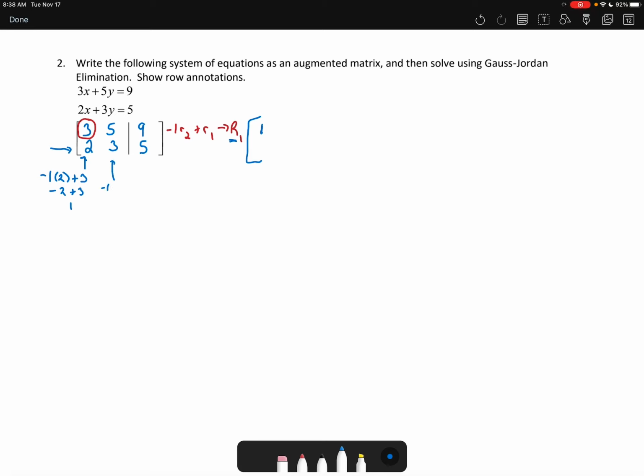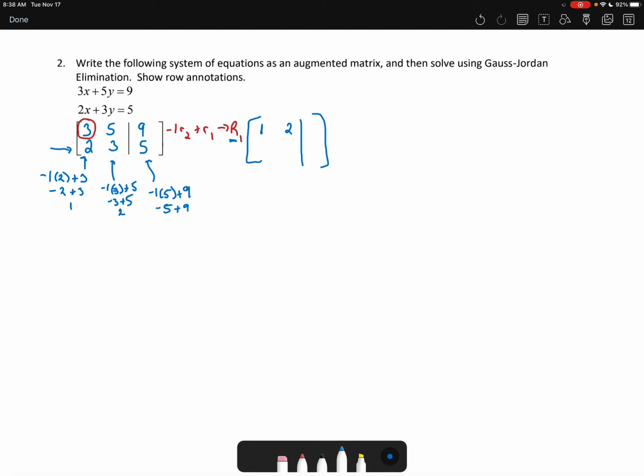So take negative 1 times this entry of 3 and add that to 5. Negative 3 plus 5 is 2. That's my new entry right here. And do it again. Negative 1 times 5 plus 9.